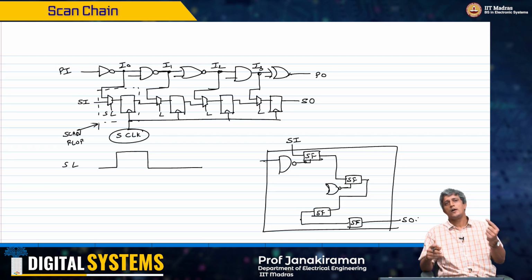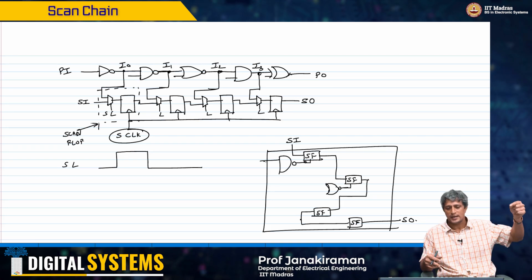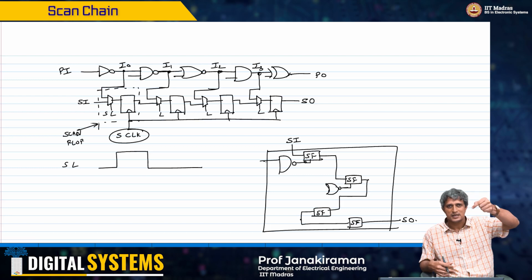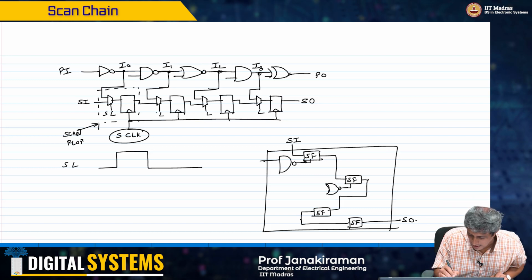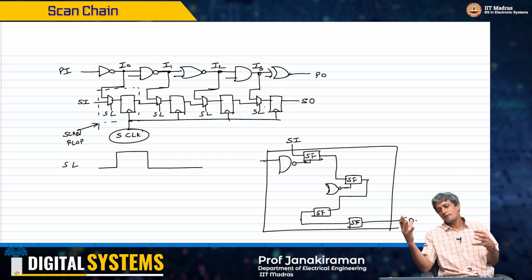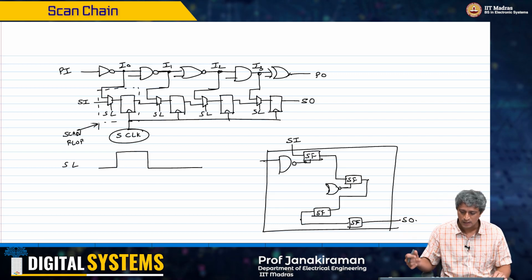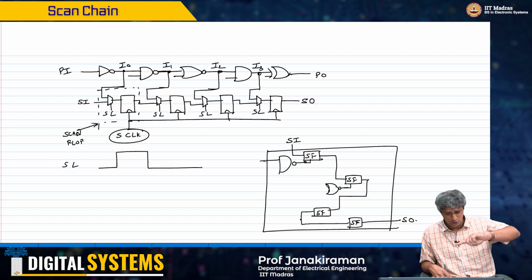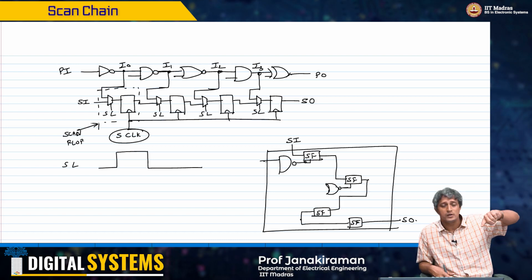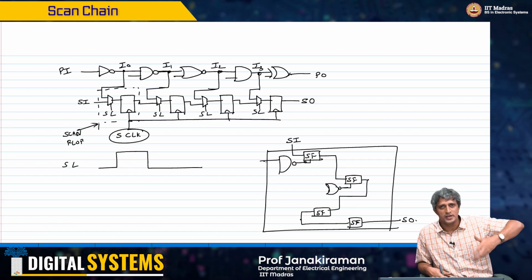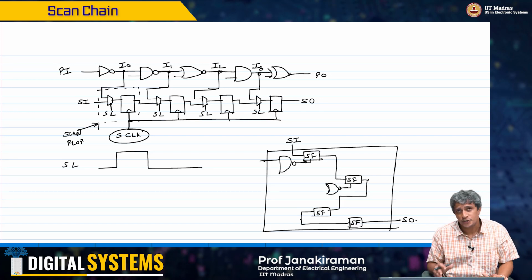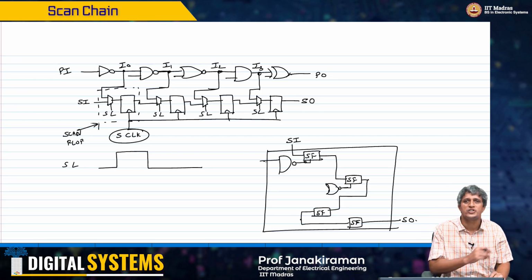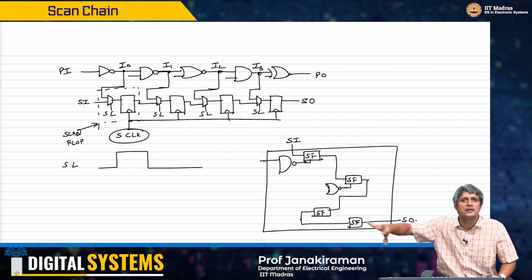Of course you have to route the S clock, and send the scan load and all that stuff to these flops and ensure that they are available at each scan flop for the operation. This is where the parallel load serial out is very useful. In addition, you could also just use the simple serial scan chain.